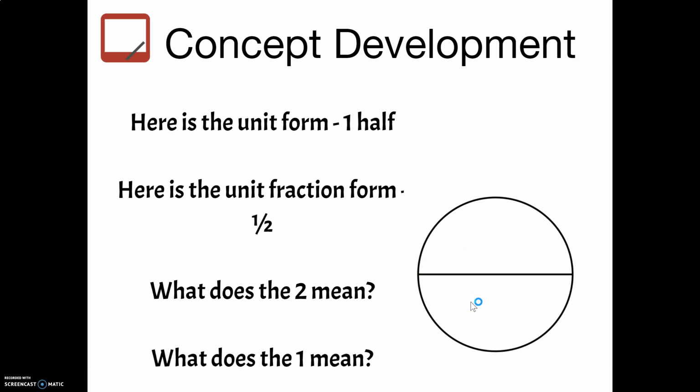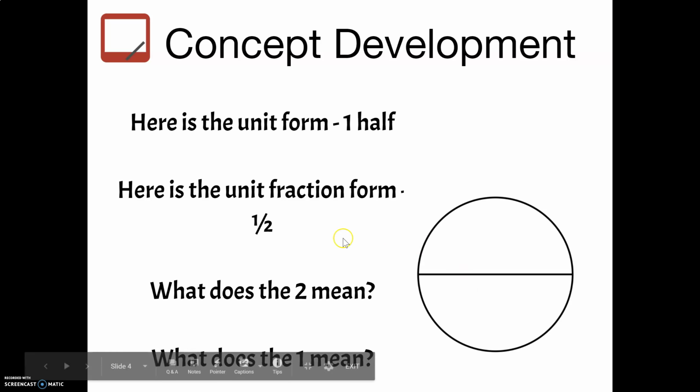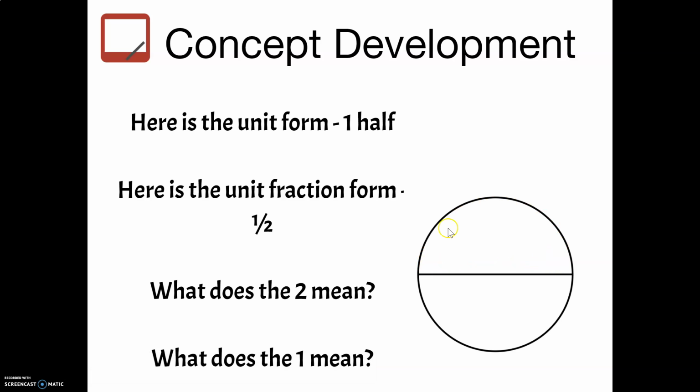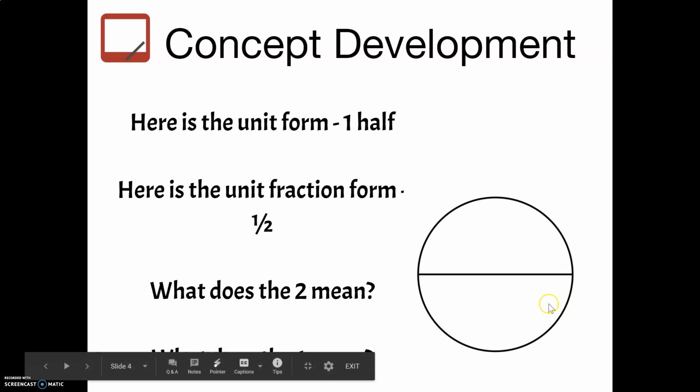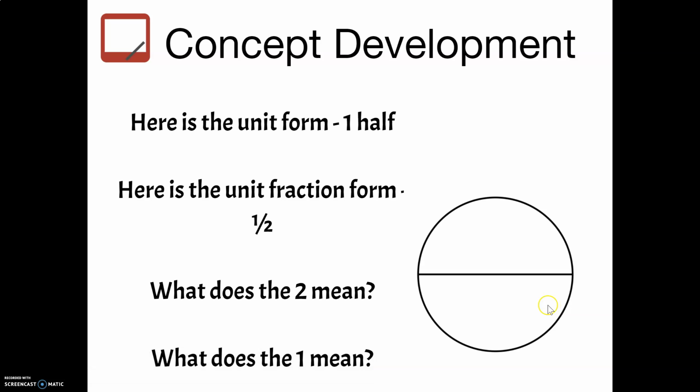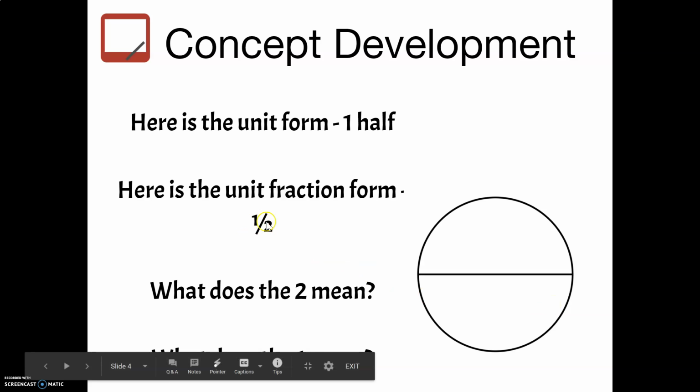You did, great job. What does the 1 mean in this unit fraction? That's right, it's one of those fractional units. Our fractional units are halves. These pieces are equal parts, so they are fractional units and they are halves. And when we're talking about one of them, we are talking about a unit fraction.